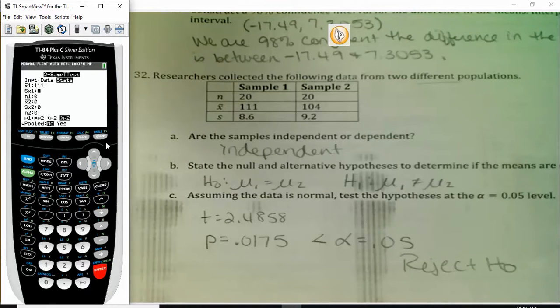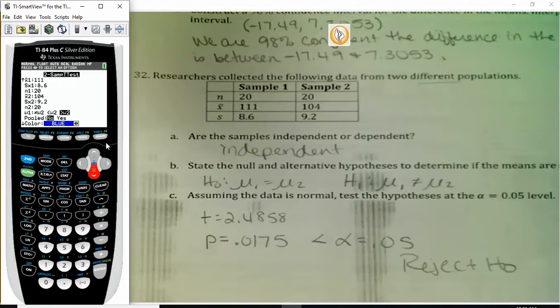S sub x1, standard deviation of the first, was 8.6. N1, the number of the first, is 20. Second mean was 104. Standard deviation, 9.2. And 20. We're testing not equal.